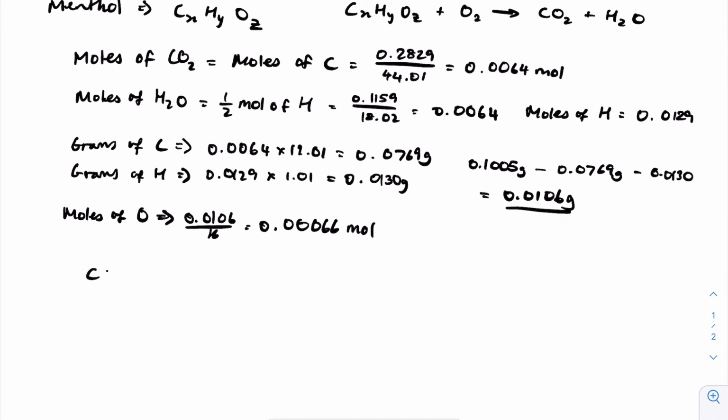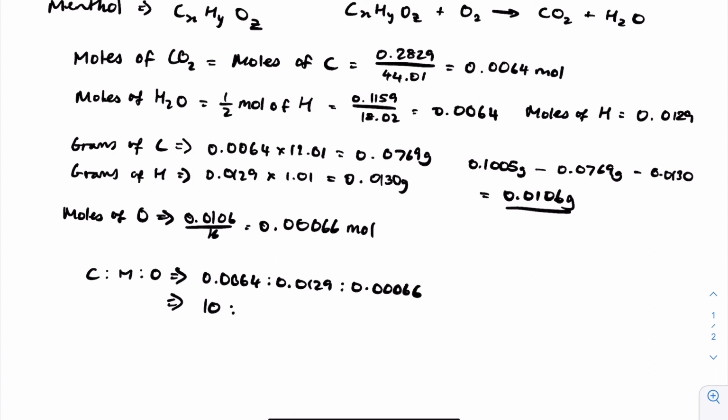So we're going to do C to H to O is equal to 0.0064 to 0.0129 to 0.00066. So if we divide by the lowest value, which happens to be 0.00066, we get 0.0064 divided by 0.00066, which is 10.